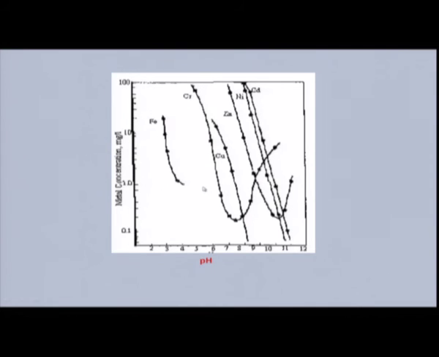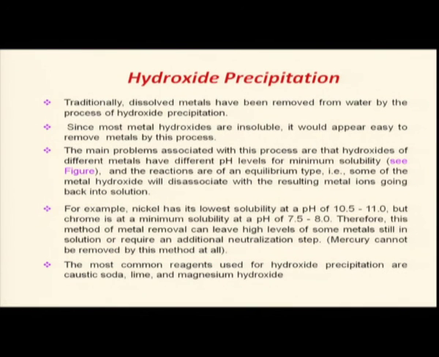And you can see here each metal gets precipitated at a different pH, on the ion solubility curve. This is chromium, cadmium, and this is zinc, copper, and each metal gets precipitated at a different pH. This is a main concern, because it is very difficult to have a common precipitate, because some have minimum solubility at 7.5 to 8, other metals at 10.5 to 11.